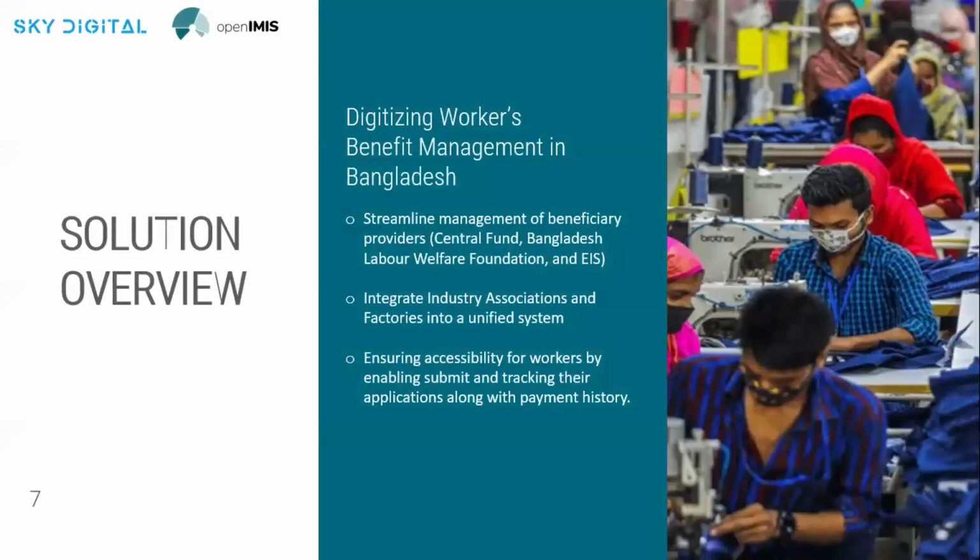So now I want to dive into the solution. That was the business part, and in the solution we have streamlined 3 organizations: Central Fund, Bangladesh Labor Welfare Foundation, and EIS. Since different types of workers are applying for different types of compensation or benefit, the system is managing which type of application should go to which organization.